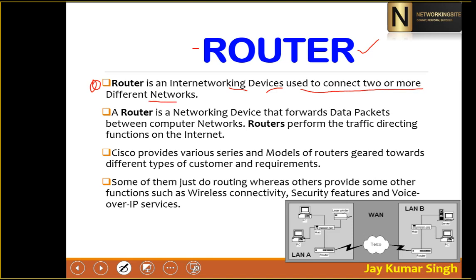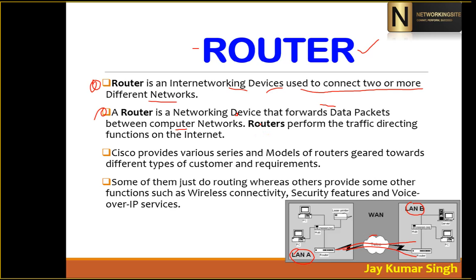Here you can see this is LAN A, and whenever LAN A wants to communicate to LAN B, you have to add a router between them. So the router will help you to communicate between two different networks, two different LANs. Some other deeper information: a router is a networking device that forwards data packets between computer networks, or you can say between two different computer networks.